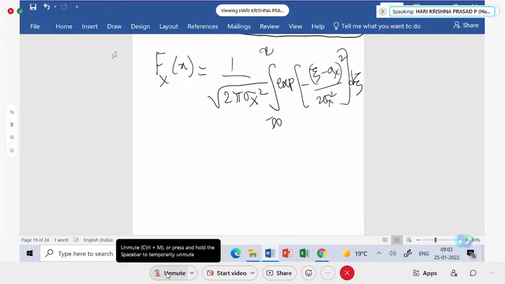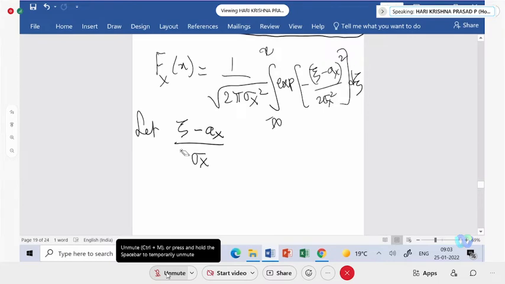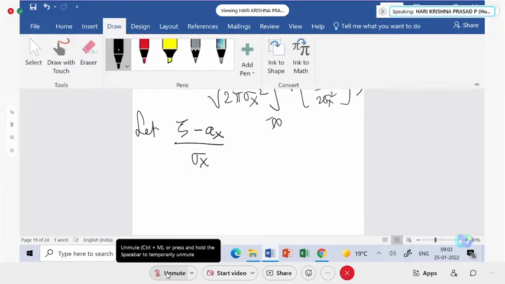Now let me use the substitution. Let xi minus ax by root sigma x. Root is not required, right? Simply sigma x, equal to, let me take it as u.